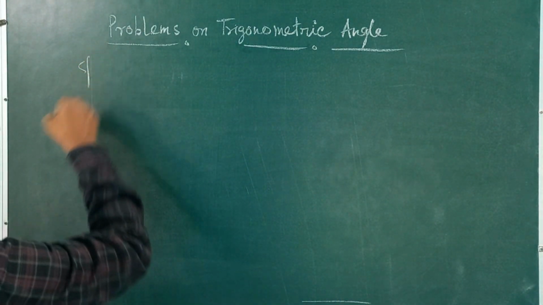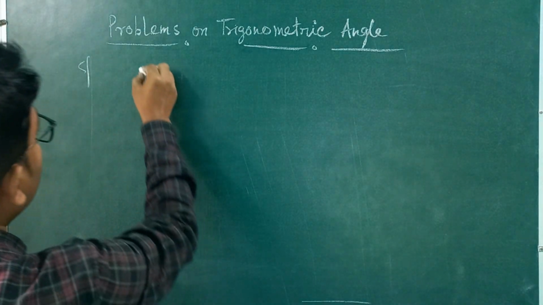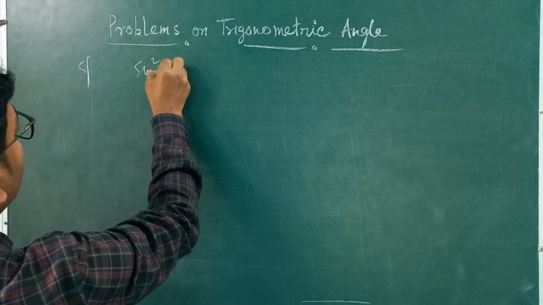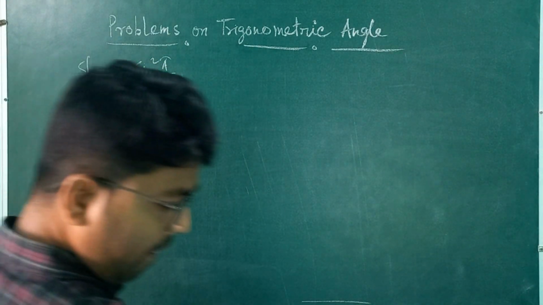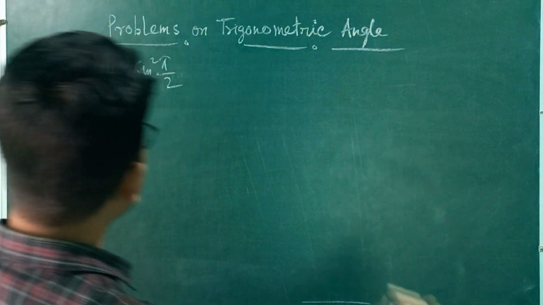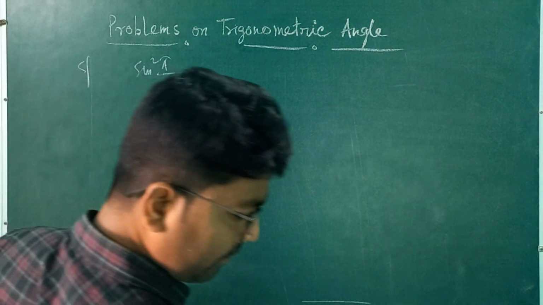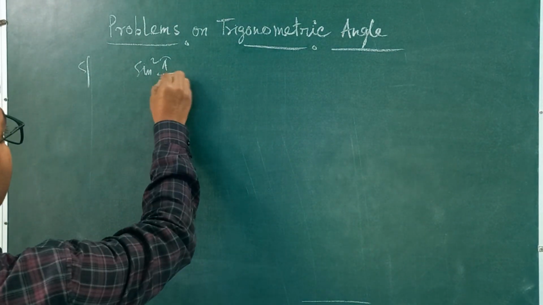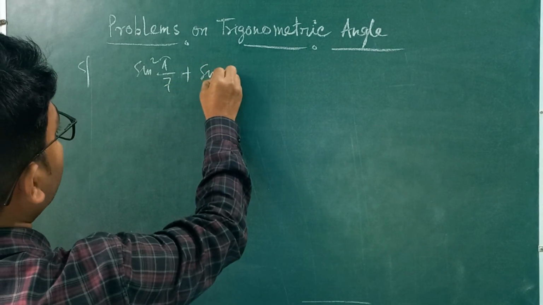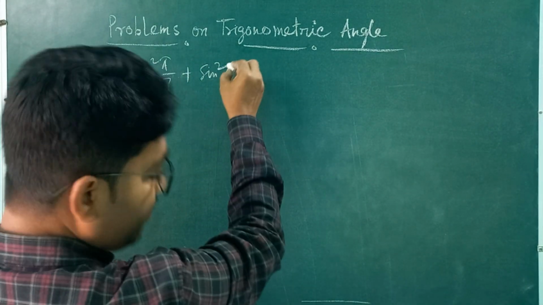Number 5, similar problem: sin square pi by 7, sin square 5 pi by 7.